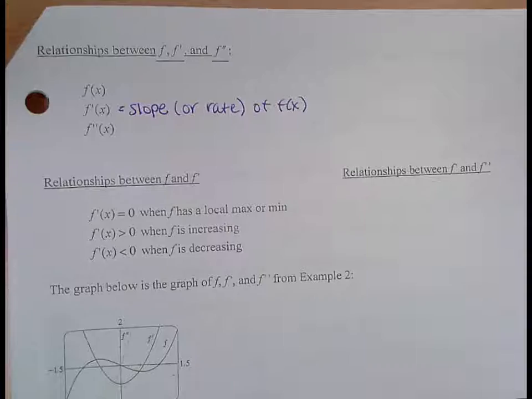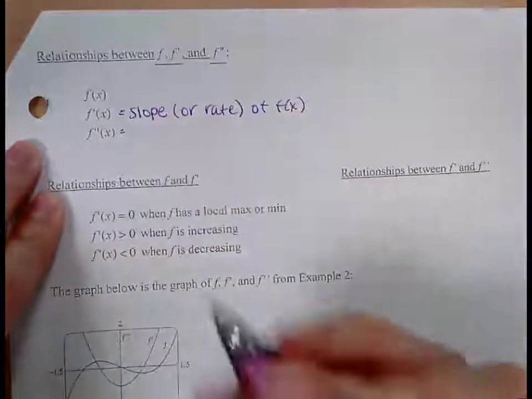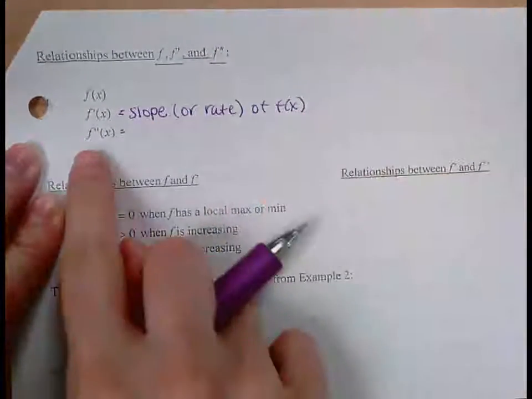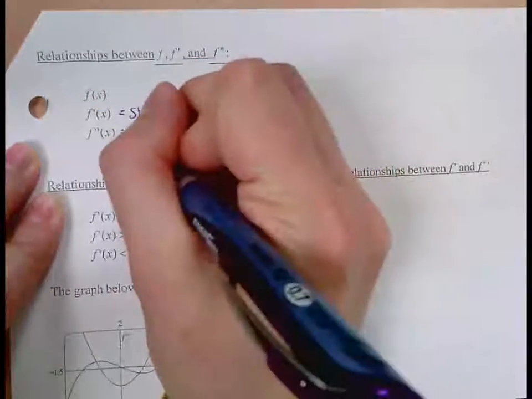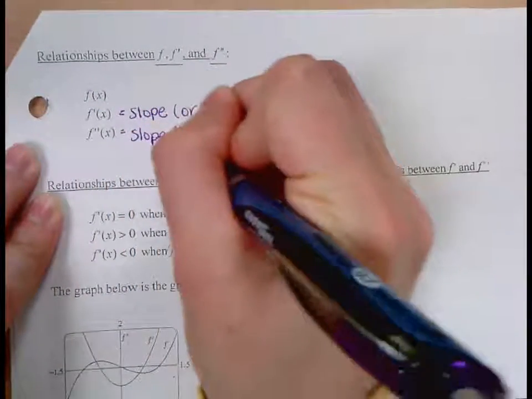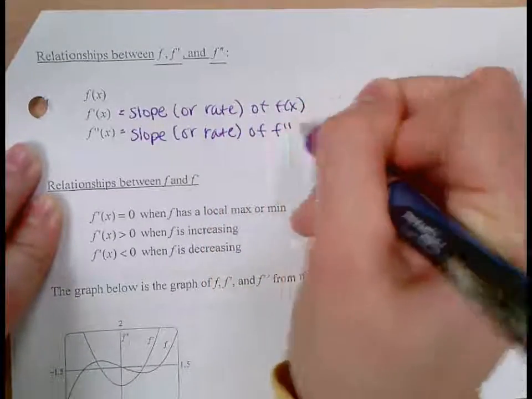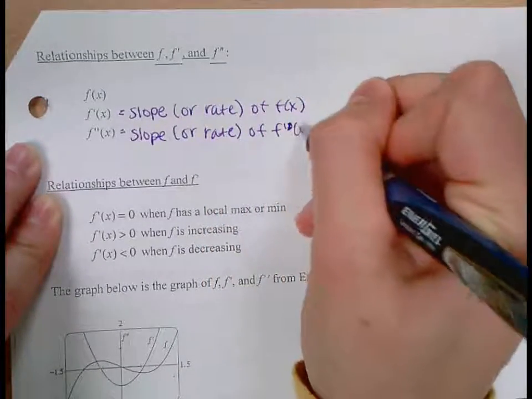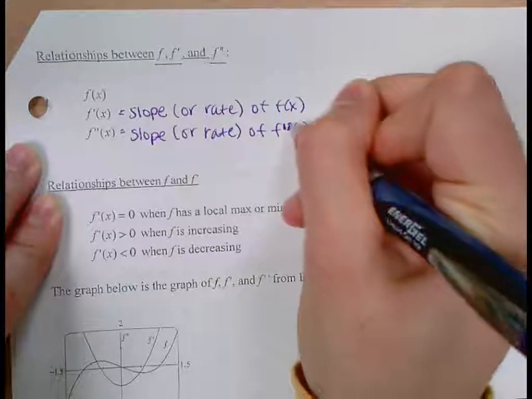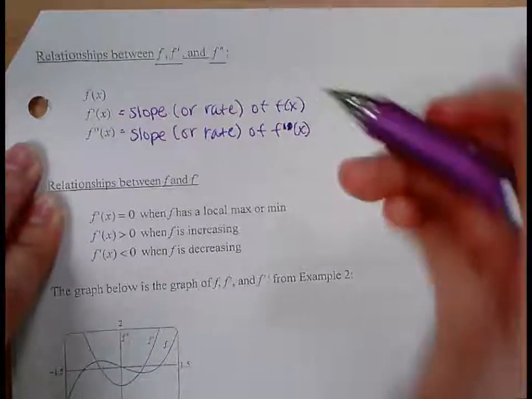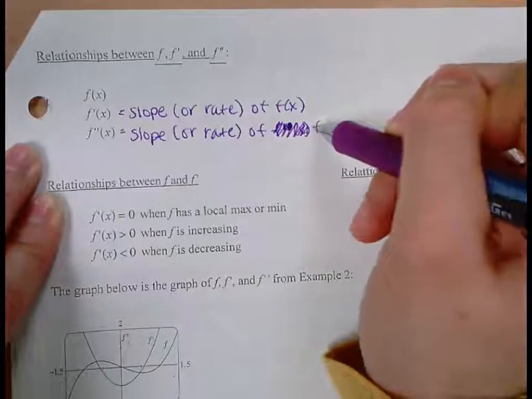And then f double prime is going to be the same interpretation, but with reference to f prime. So f double prime is now the slope or the rate of f prime of x. That looks messy, hold on.